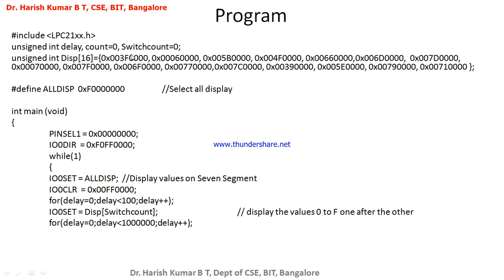Because this is a 32-bit number. 3F should be written here only because this comes to the position 0.16 to 0.23. So this is from 0.0 to 0.3, this is from 0.4 to 0.7, this is from 0.8 to 0.11, this is from 0.12 to 0.15, and this is from 0.16 to 0.23. It should be in this position only.